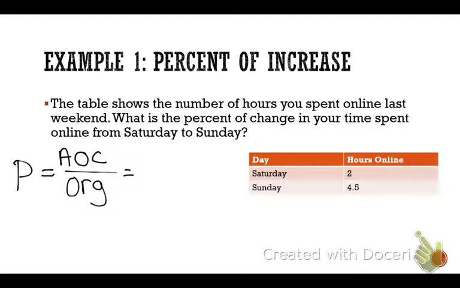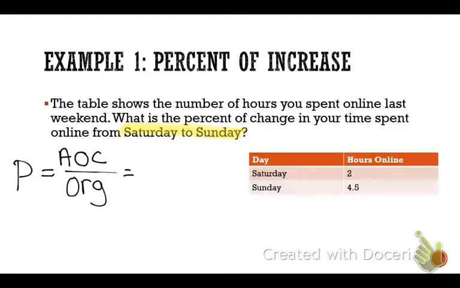We are not worried about whether it's positive or negative. We're just looking for the difference between the two values. From Saturday to Sunday, the number of hours that you spent online last weekend. So on Saturday, we spent how many hours? 2.